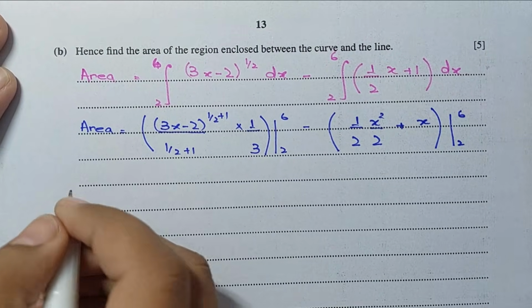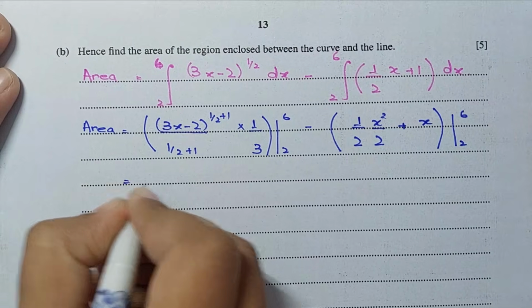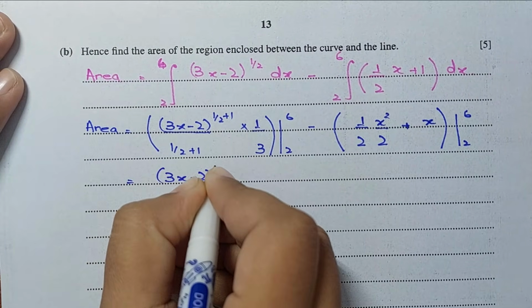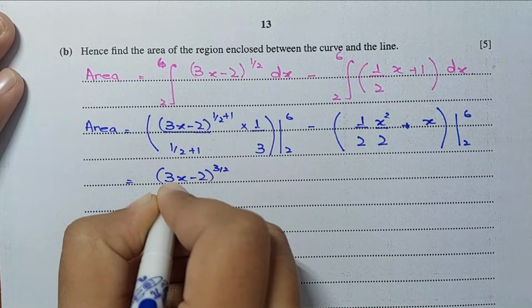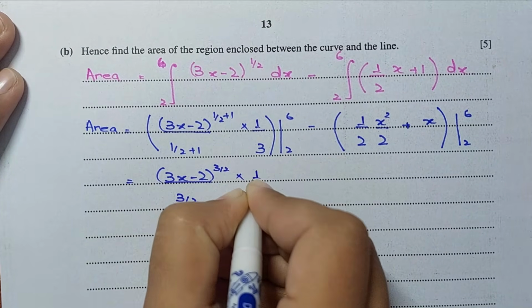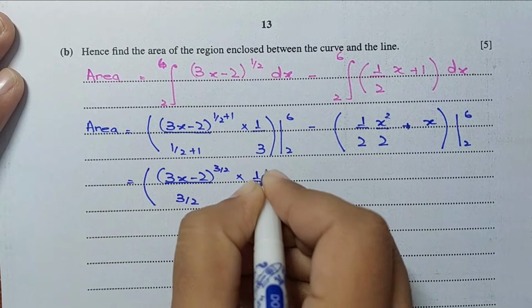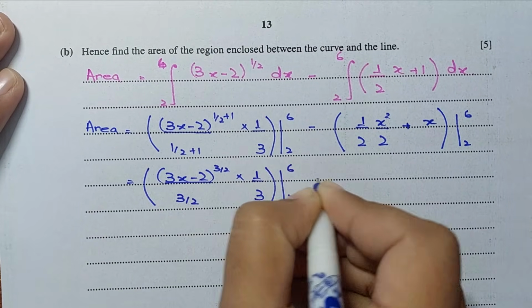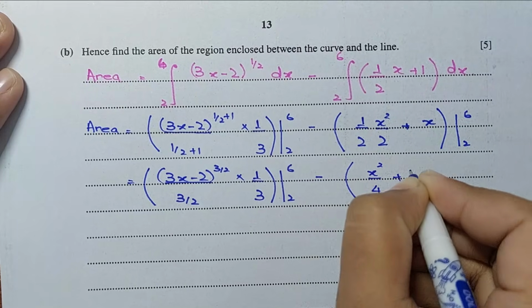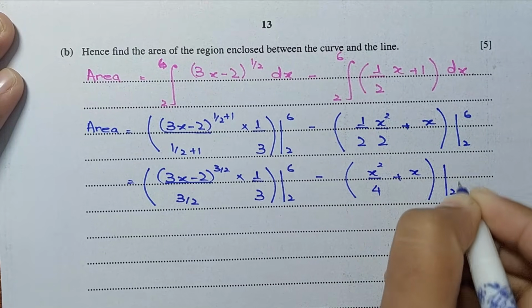Further simplification: the area becomes (3x minus 2) to the power 3 by 2 over 3 by 2, multiplied by 1 over 3, with limits from 2 to 6, minus x square divided by 4 plus x, with limits from 2 to 6.